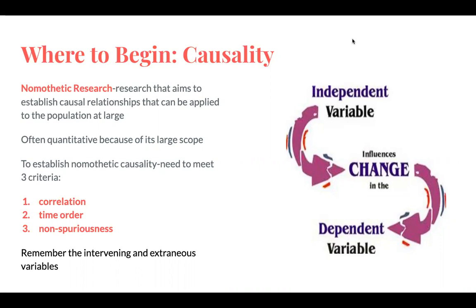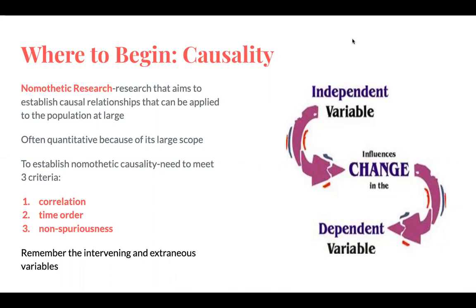In order to establish causal relationships, your book notes, first of all, most of the time this is quantitative data. It's usually deductive research. And when we go over these three criteria, you'll see that, because of the time order criterion, it's also best if it's longitudinal.